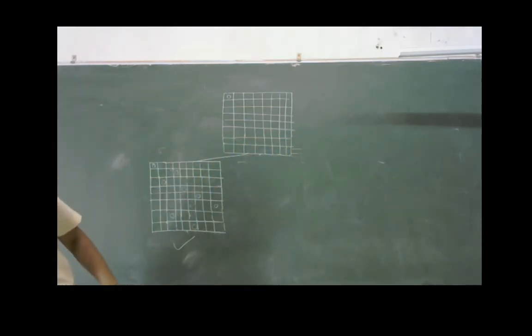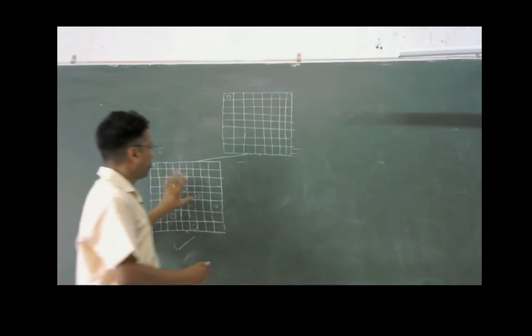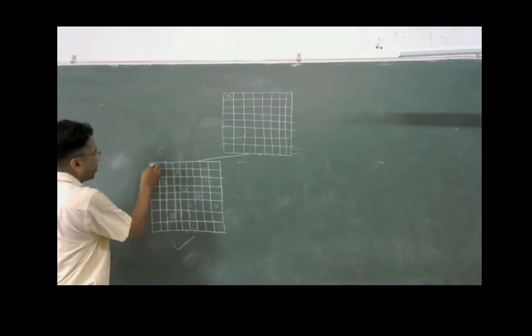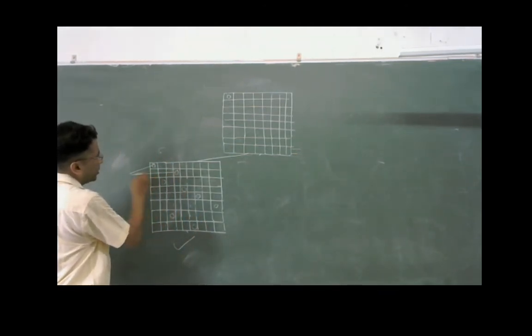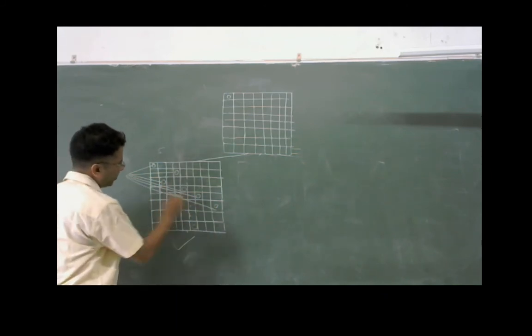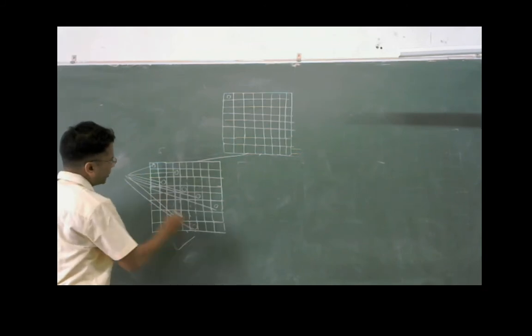For example, here I have drawn a solution. Here you can check that all these queens are safe.